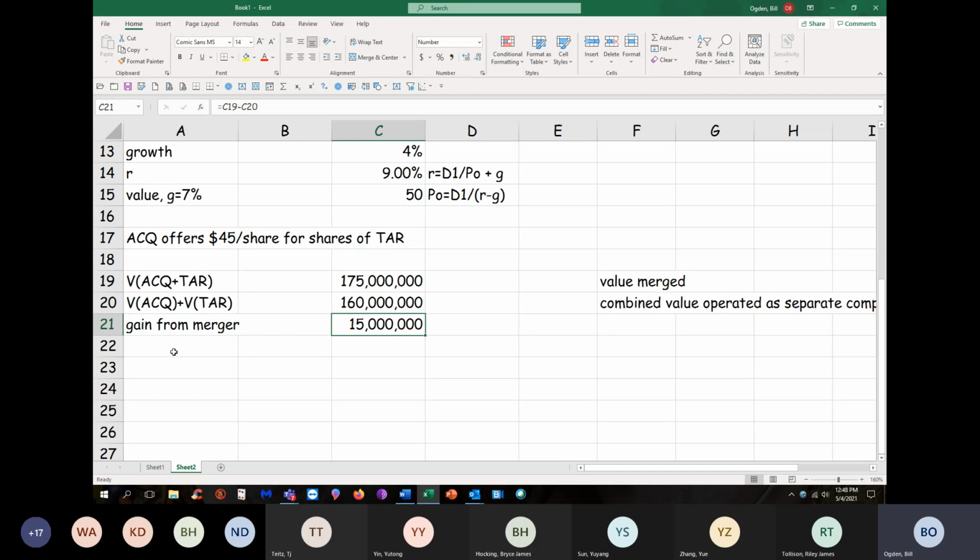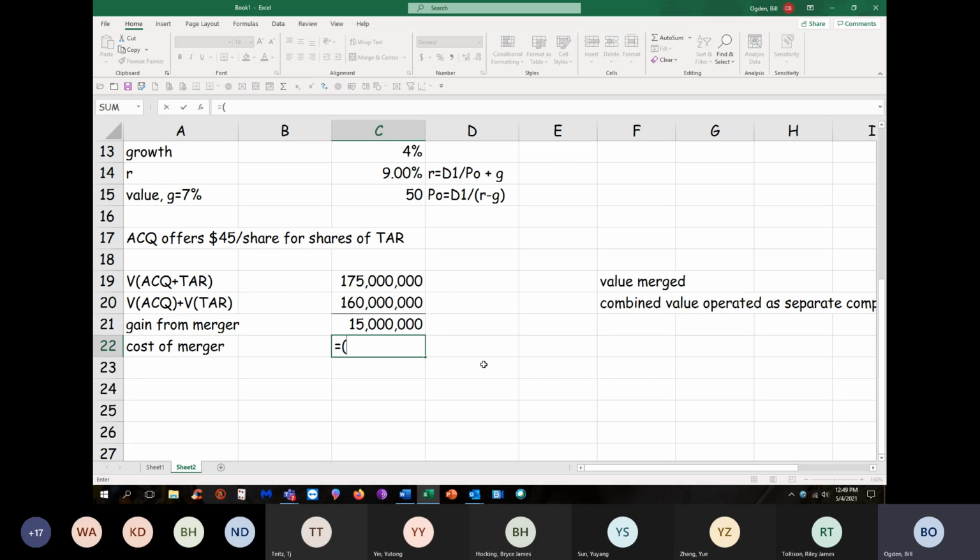All right, and then your authors will ask you to calculate the cost of the merger. The cost of the merger, you can view that simply as how much did they overpay for this company? Well, what did they do?